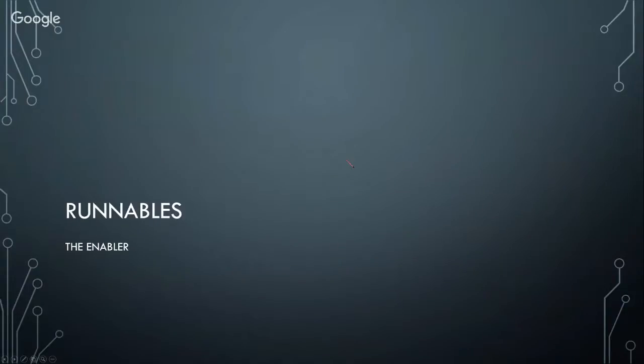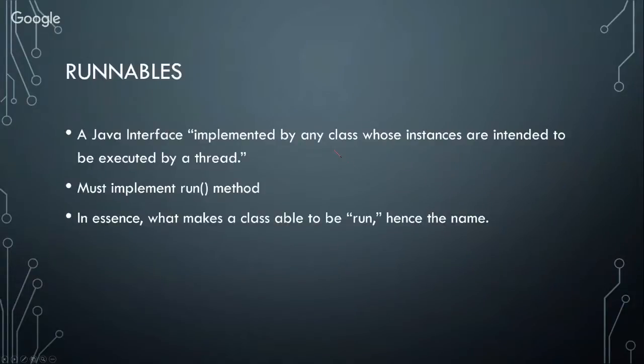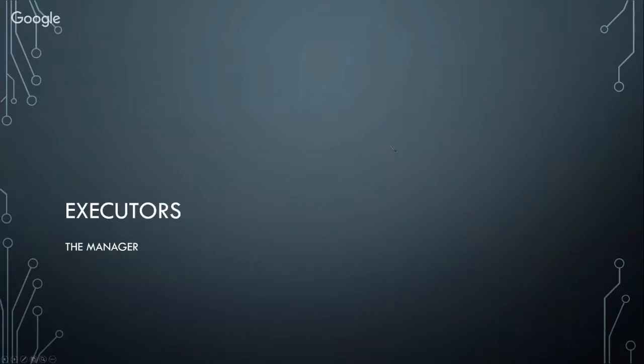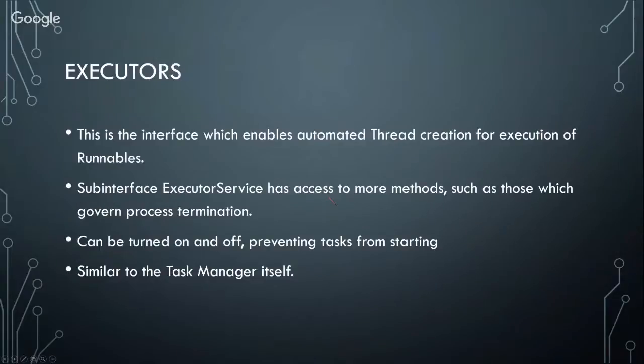Runnables. It's basically a Java interface that makes a class able to be executed, quote unquote. It must implement the run method to be able to do that, and that's pretty much it. It's fairly straightforward. And executors are the thing that create threads and execute runnables. It's kind of like the task manager itself.